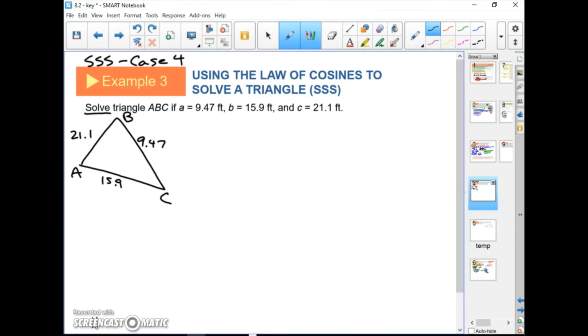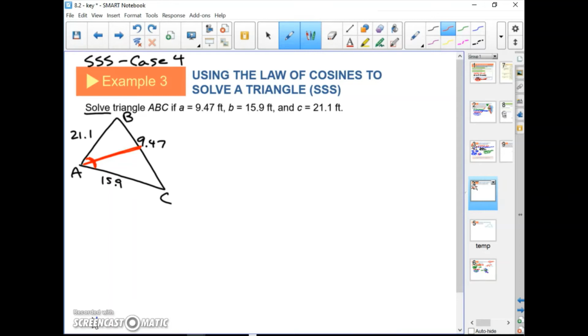I need to find an angle, and it doesn't really matter where you start. Let's just start with the smallest one, and notice kind of a partnership here. If you want to find angle A, then you got to notice that that's across from the smallest side.